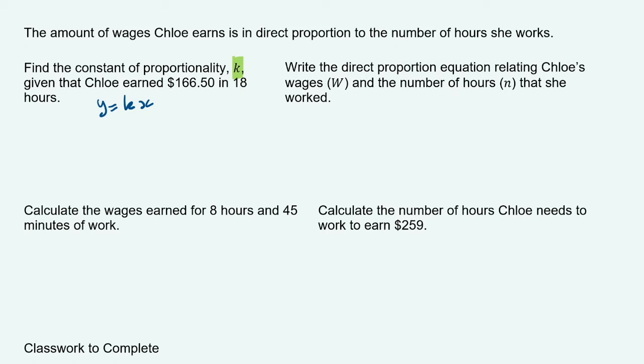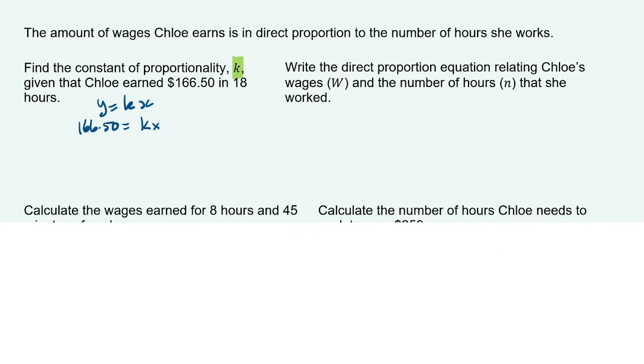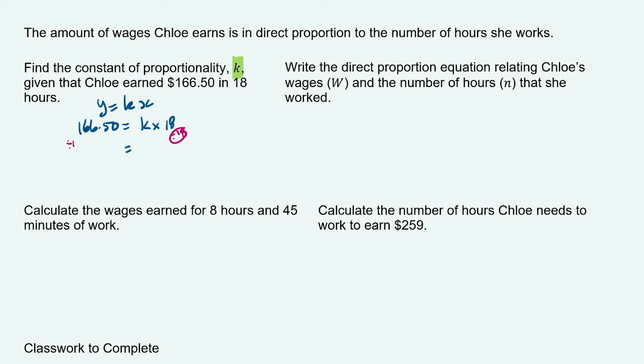We know what Y is going to be, because Y is going to be that wage, which is $166.50. And it's going to be K times 18. Now what we're going to do is divide both sides by 18, because we're multiplying by 18, so we need to divide by 18.